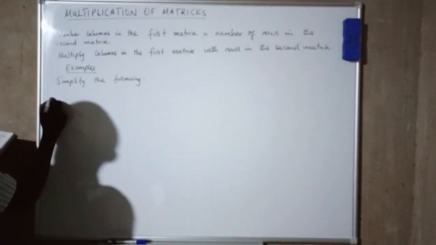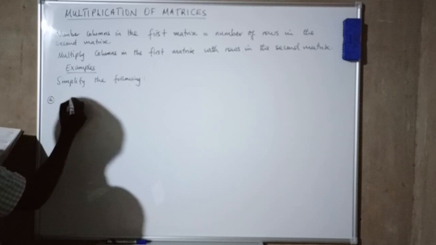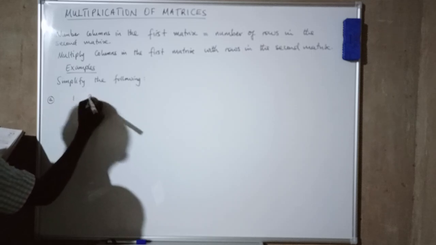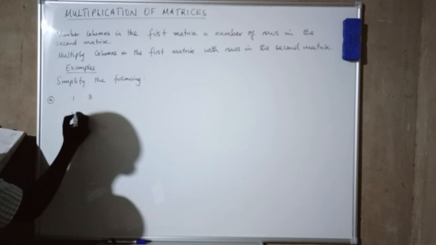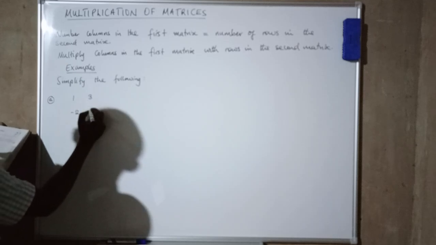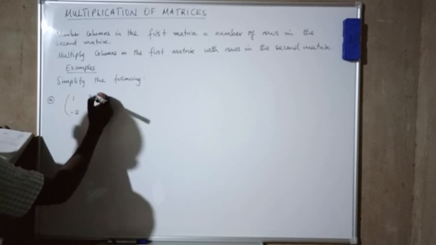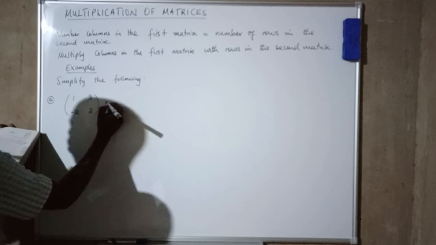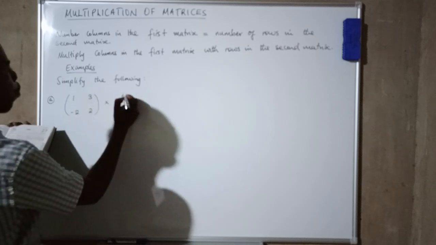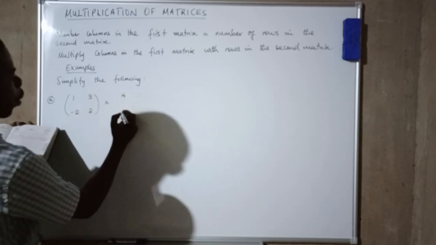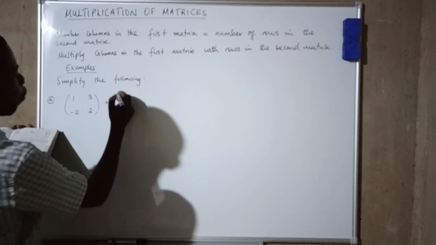So we have A: 1, 3, then negative 2, then 2 like that, multiplied by 4, then negative 5.